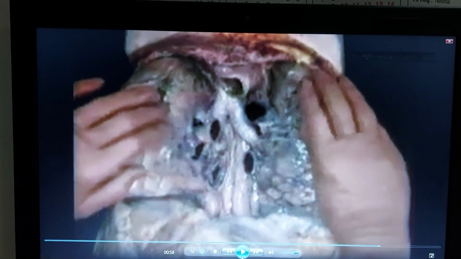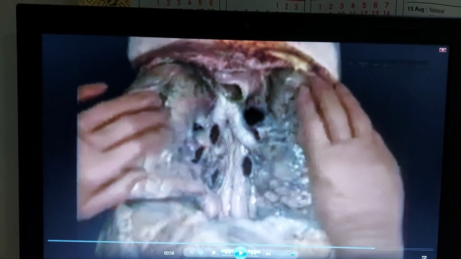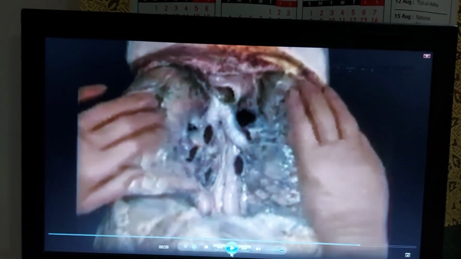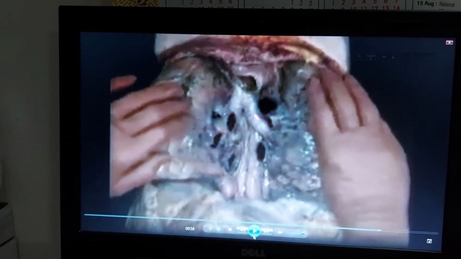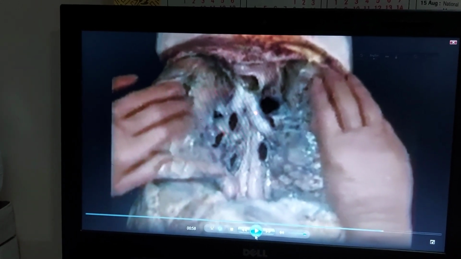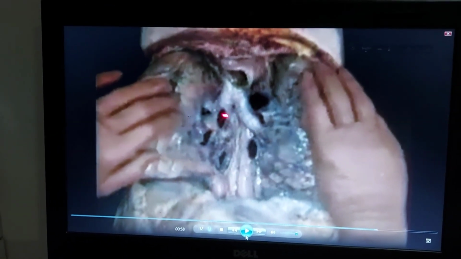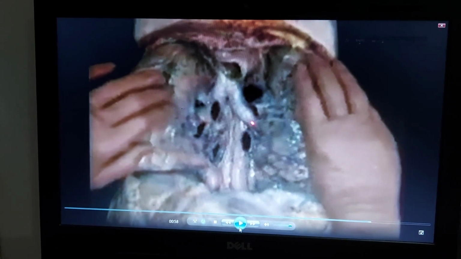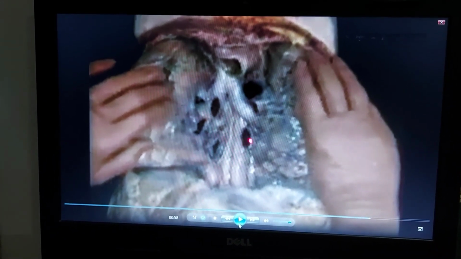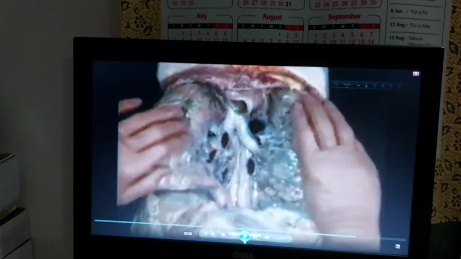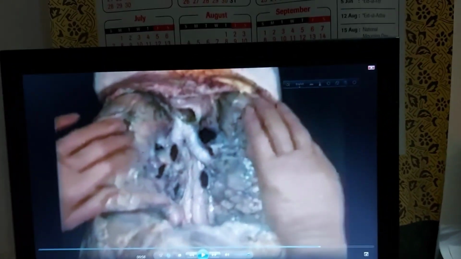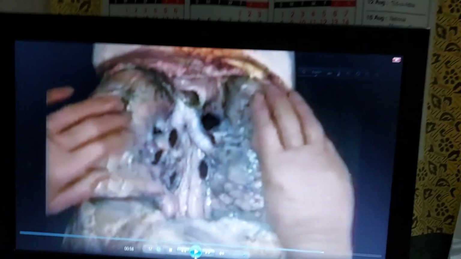So if someone asks you what structures pass through the hilum, on a broad scale, you can name these structures: the pulmonary artery, the principal bronchus, the pulmonary veins, and another structure, the bronchial artery, and some lymph nodes and lymphatics that come through the hilum.